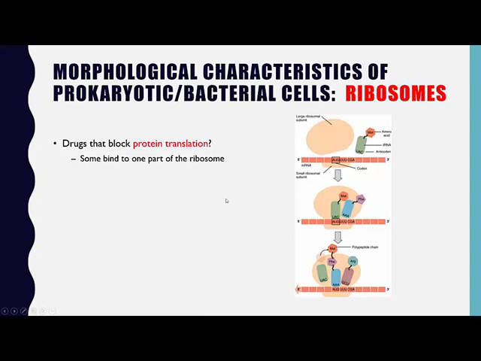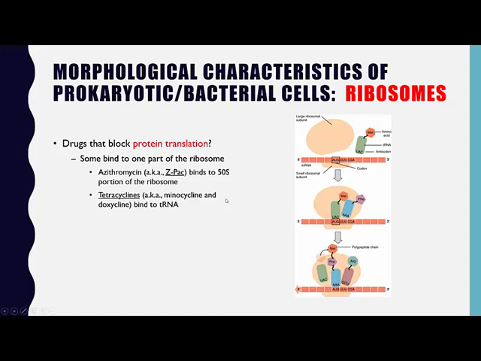These drugs usually bind to either the 50S or the 30S portion of the ribosome. One drug, azithromycin. Okay, Z-Pak, you guys. Hopefully most of you have heard of Z-Pak. Now that one binds to the 50S portion of the ribosome, blocking this. So what does that mean? No proteins. Okay, no translation of genes.